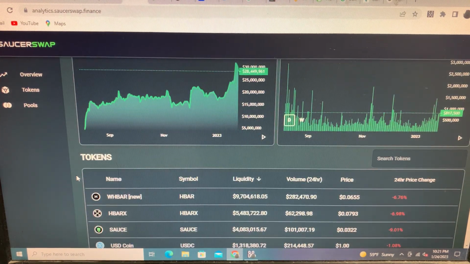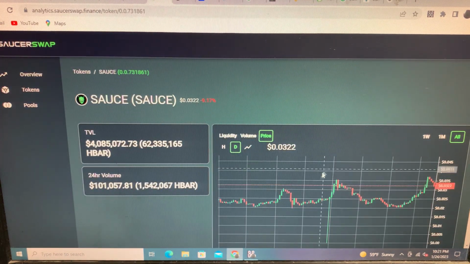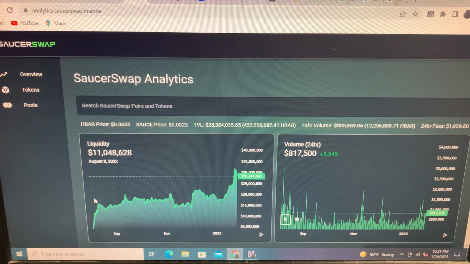So the liquidity is flowing in even in a bear market. Could you imagine that? Sauce has been trending, excuse me, sideways. But the liquidity has been getting bumped up. You see that?